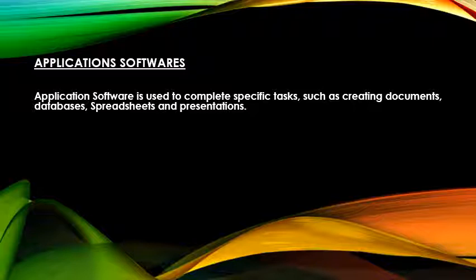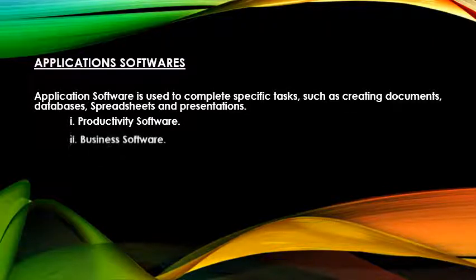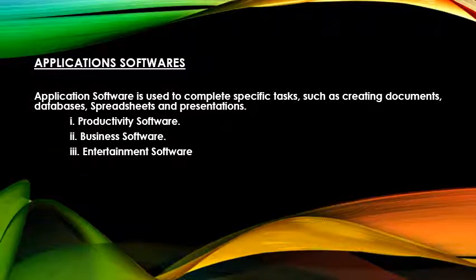And for presentations, PowerPoint. So these are the different types of applications you are using inside the computers. The examples are productivity software, business software, entertainment software, and educational software.